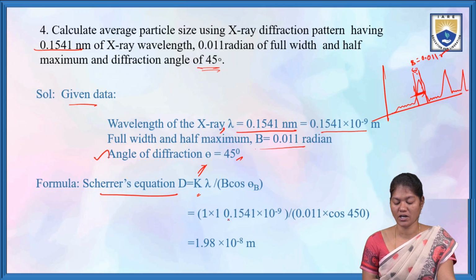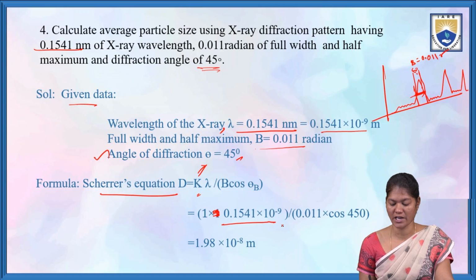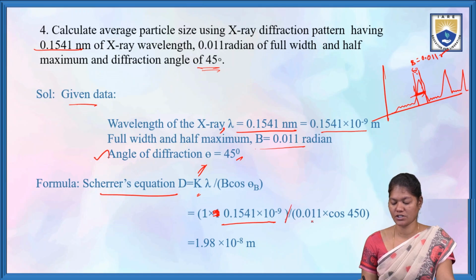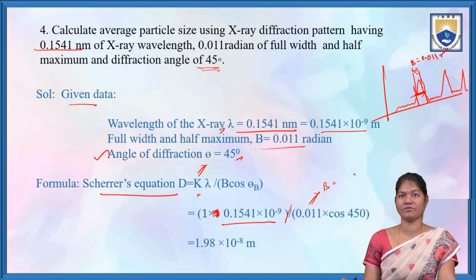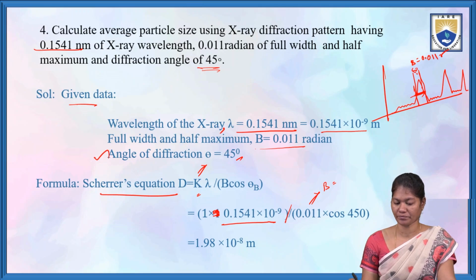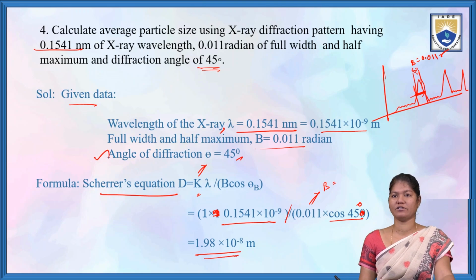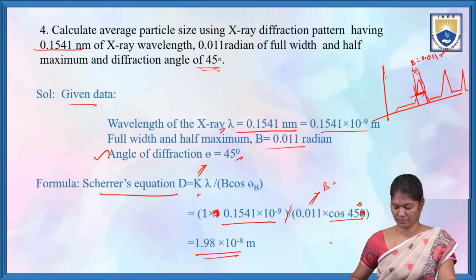So it is 1 into the wavelength 0.1541 into 10 power minus 9 divided by 0.011, which is the B value, the full width at half maximum, into cos 45 degrees. So we get the value 1.98 into 10 power minus 8 meters.